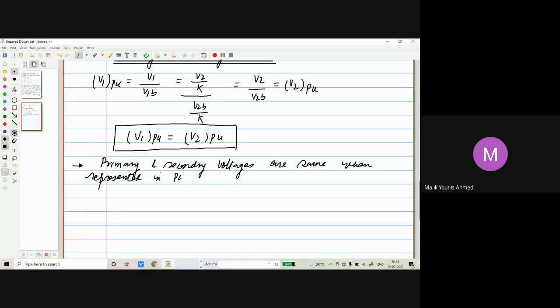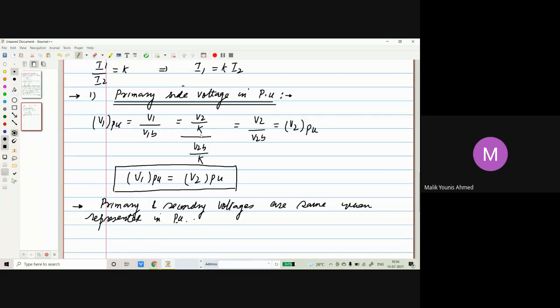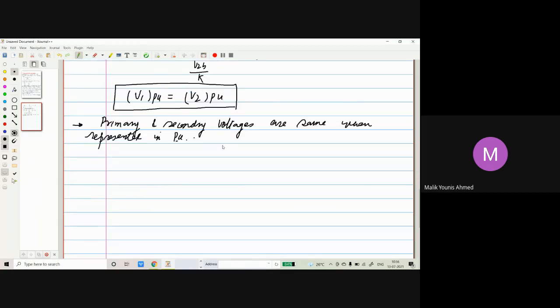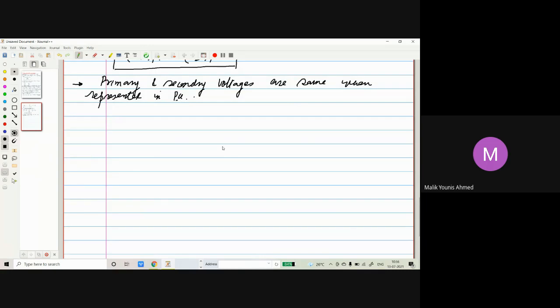It's very clear, a very easy expression. Whatever relation exists in the actual values, the same relationship exists in the base values also. There is no change in the relationships.